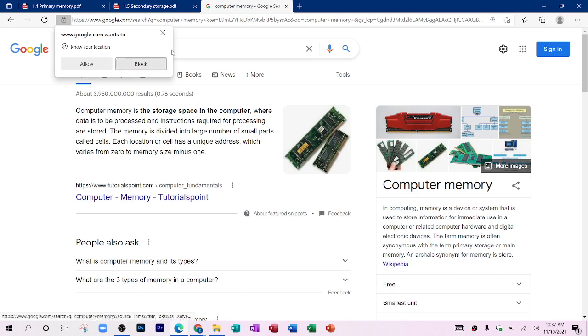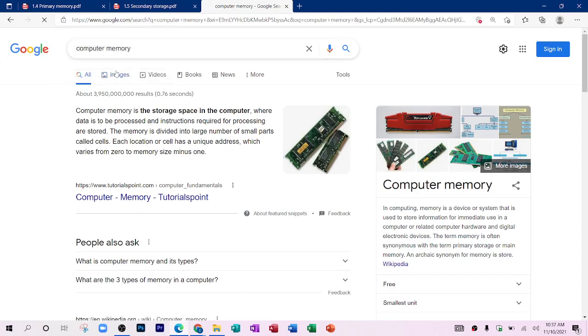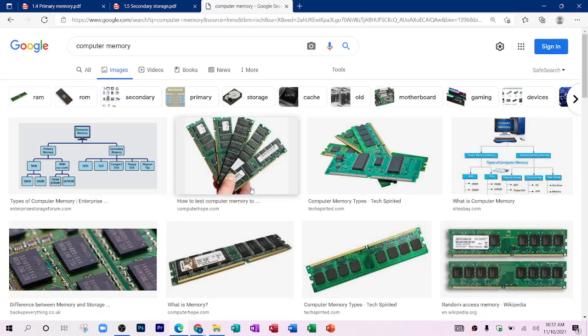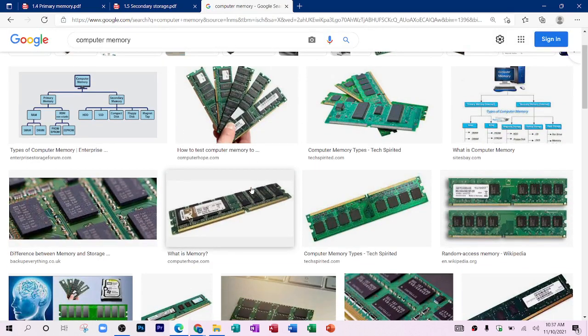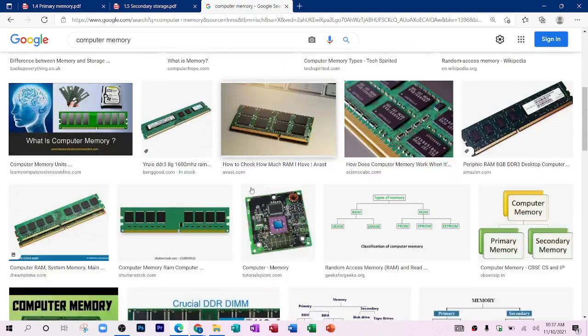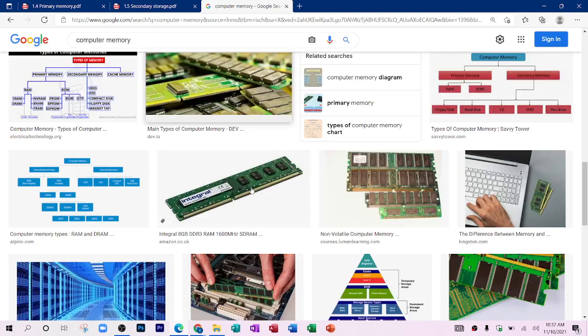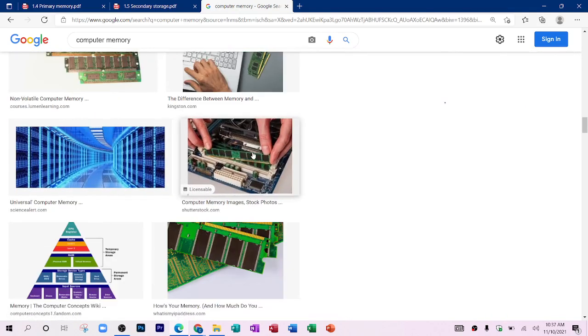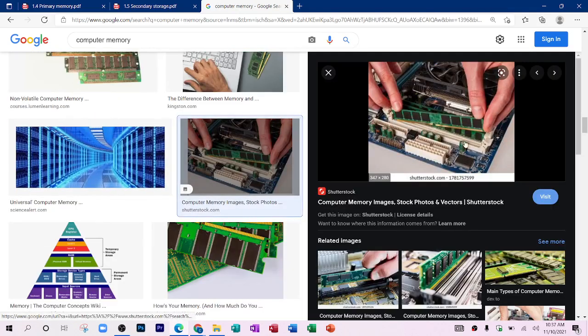Well, this here is an example of computer memory. The memory that you will find in your computer, your laptop, your desktop, or whether it's your phone or your console, looks something like this. Some of them allow you to put it into the computer. There's a slot on the motherboard, like what you see in here, so that you can put that memory into the computer.